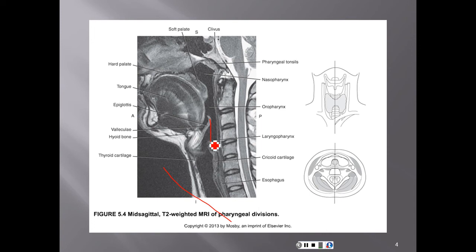And the esophagus is posterior. So if you're looking at it in a cross section, you'll see that the trachea is anterior to the esophagus. The trachea is held open by the cricoid cartilage, so regardless of position, it should remain patent, whereas the esophagus will collapse if you're not utilizing any type of swallowing mechanism.